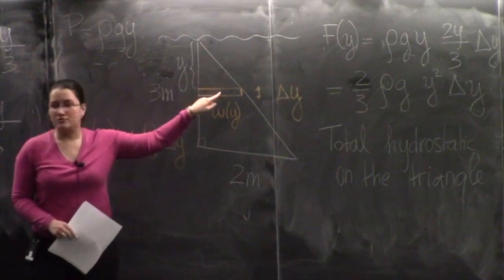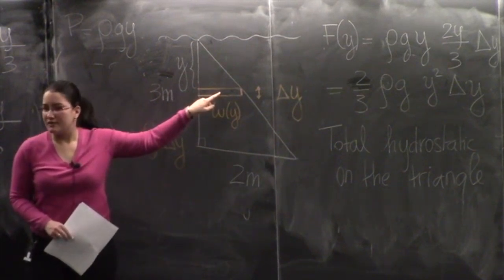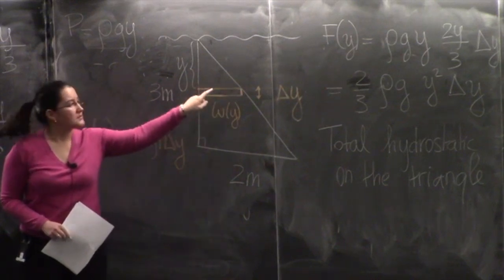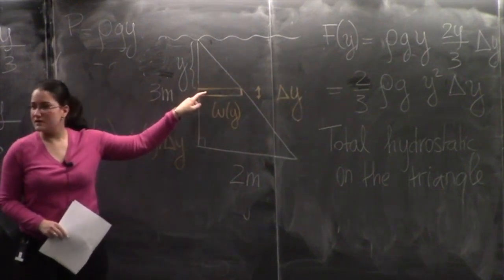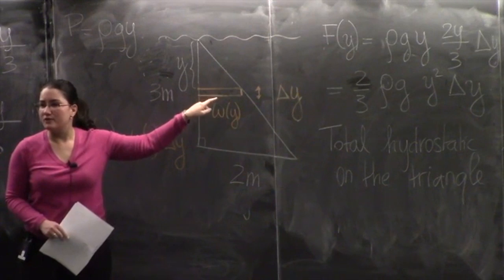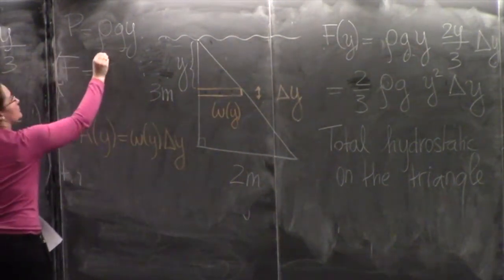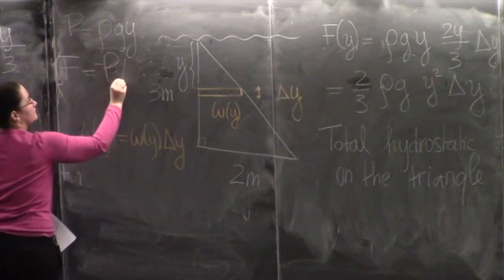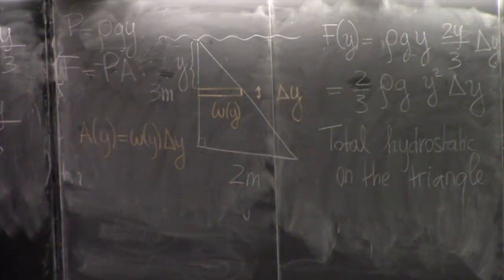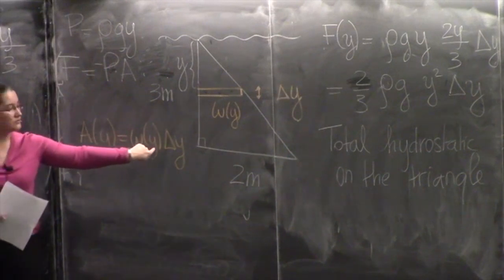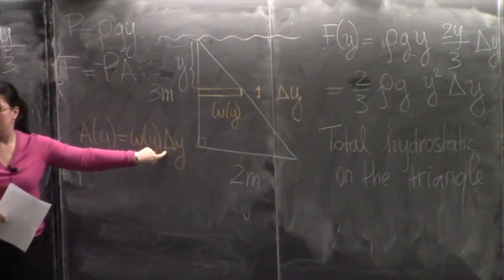Now, on this strip, points sit roughly at the same depth. Delta y is assumed to be very small. So to compute the hydrostatic force, we get to use the formula which says hydrostatic force is simply pressure times area. Okay, but what was the area? The area was just W of y delta y.